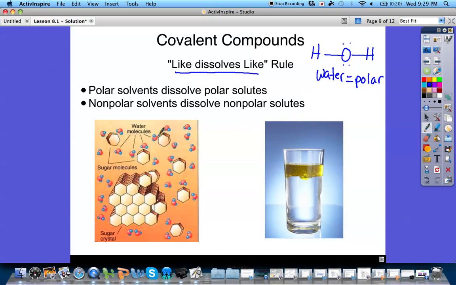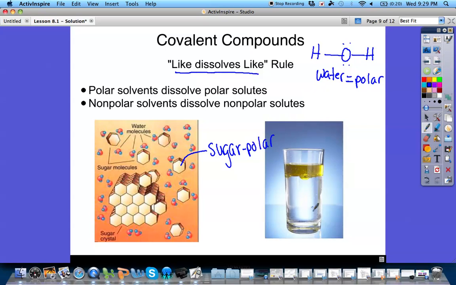So here we have a sugar crystal, and the molecules of sugar are breaking off and the water molecules are surrounding it. So we know that water is polar. So what does our sugar molecule need to be? Well, sugar has to be polar in order to be dissolved in solution.